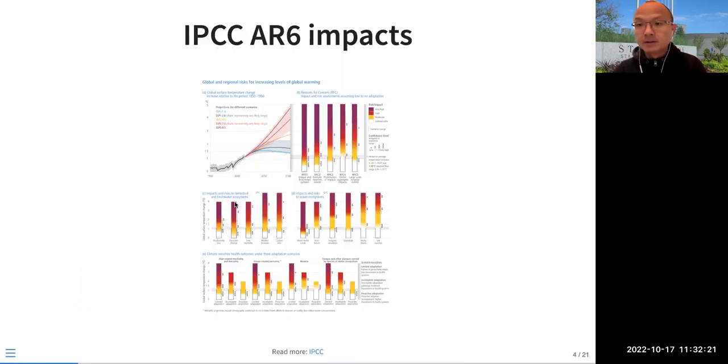Each represents one type of shared socioeconomic pathway, and their impact to the risks of terrestrial and freshwater ecosystems, for example, and impact and risk to ocean ecosystems and climate sensitive health outcomes.